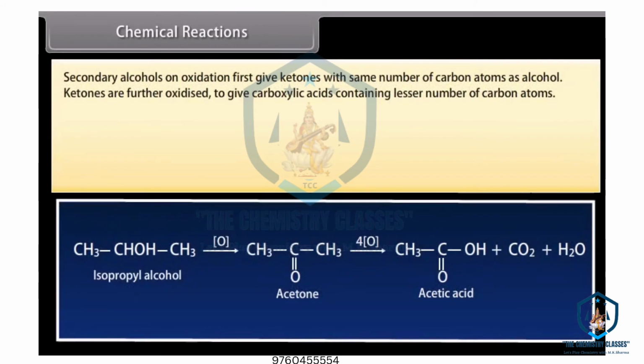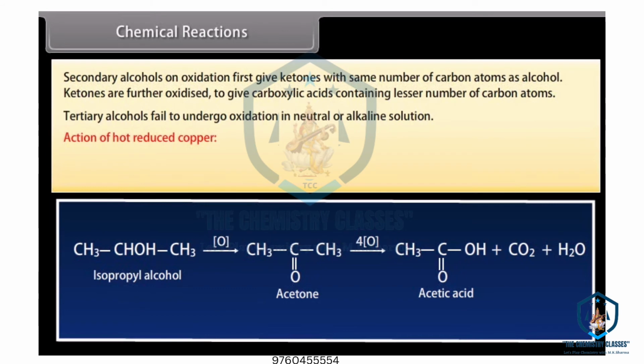Secondary alcohols on oxidation first give ketones with the same number of carbon atoms as the alcohol. Ketones are further oxidized to give carboxylic acids containing lesser number of carbon atoms. Tertiary alcohols fail to undergo oxidation in neutral or alkaline solution.